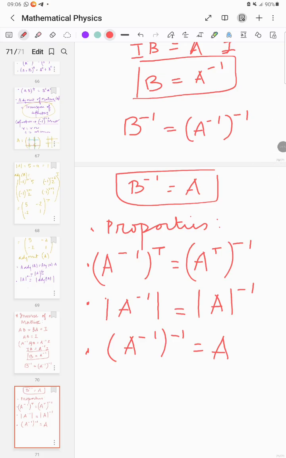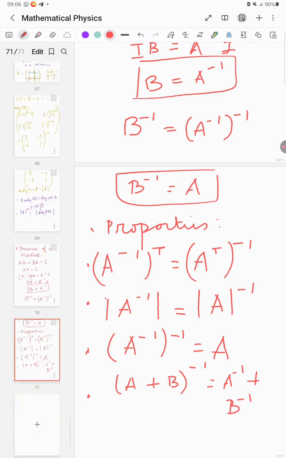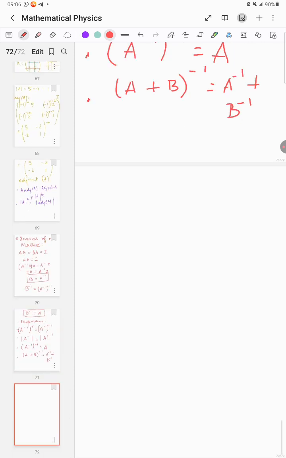Now, the inverse of A plus B is equal to A inverse plus B inverse. Alright. Also, the inverse of AB is equal to B inverse A inverse.